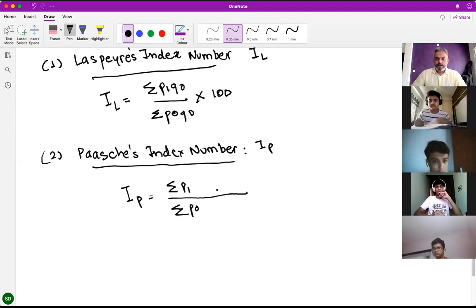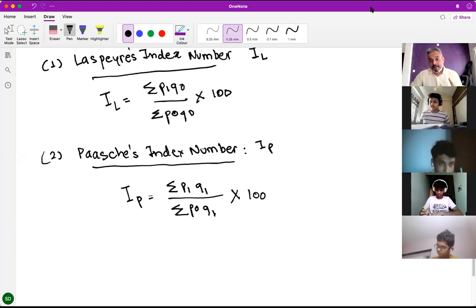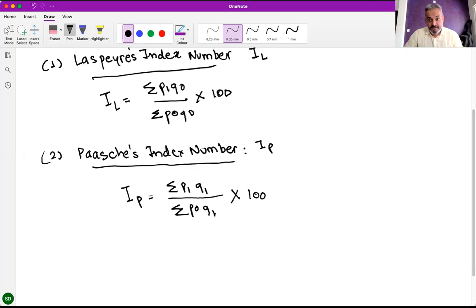We have already seen. But here it is quantity of base year. Here it will be quantity of current year, Q1, Q1, into 100. So Paasche's index number has quantity of current year and Laspeyre's index number has quantity of base year.